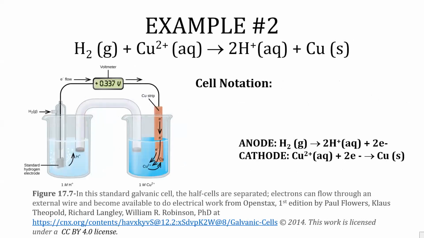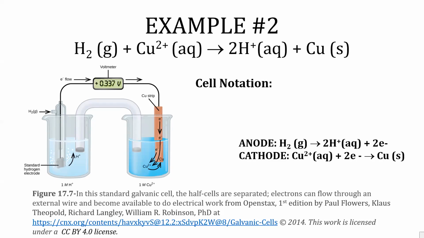The second example is hydrogen gas plus copper 2 plus, forming 2 hydrogen ions and solid copper. The cathode half reaction is in the right half cell, and the left half cell contains the anode half reaction. The cathode has the reduction of copper 2 plus, forming solid copper, and the anode has the oxidation of hydrogen gas, forming hydrogen plus ions.